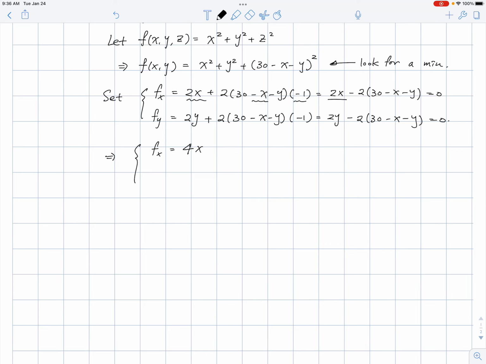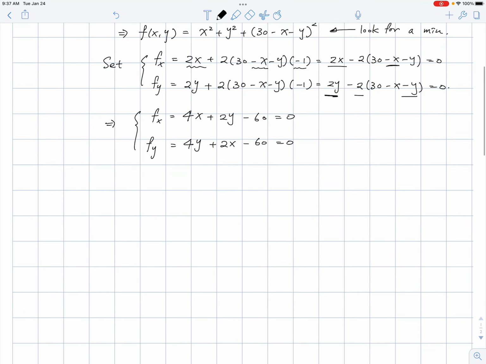So we have 2x minus -2x, so that's a 4x, plus 2y minus 60 equal to 0. df/dy is 2y minus 2 times -y, so that's a 4y plus 2x minus 60 equal to 0.